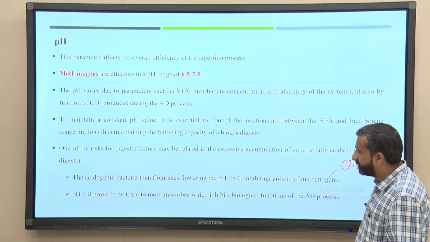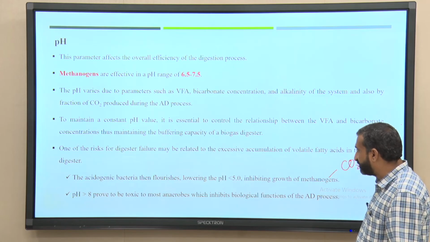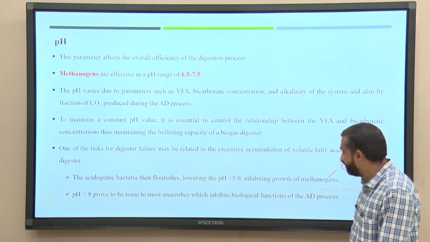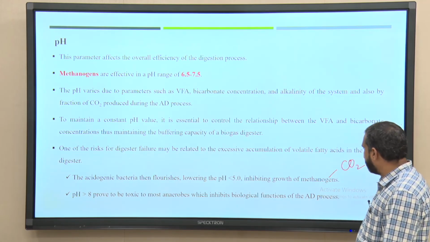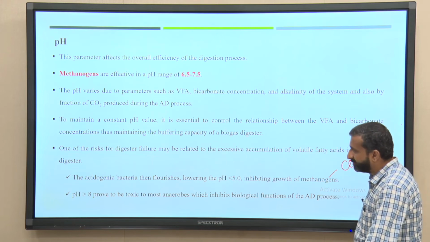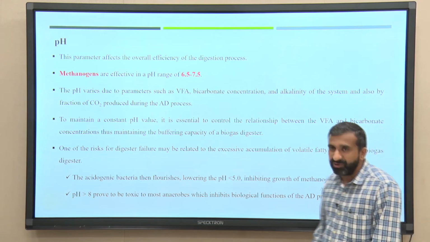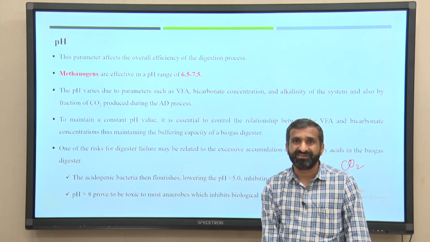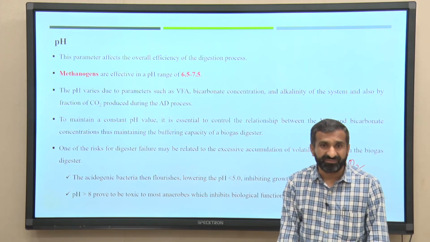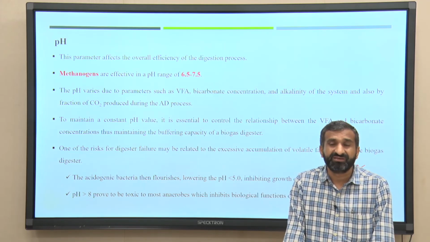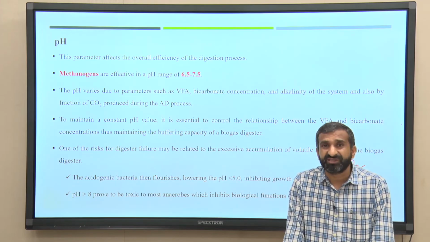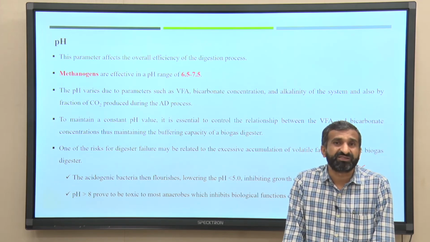A pH more than 8 proves to be toxic to most anaerobic bacteria, which inhibits the biological fraction of the anaerobic digestion process. So, what is important here is to maintain the pH, and this is possible by addition of a mix of different organic residues.